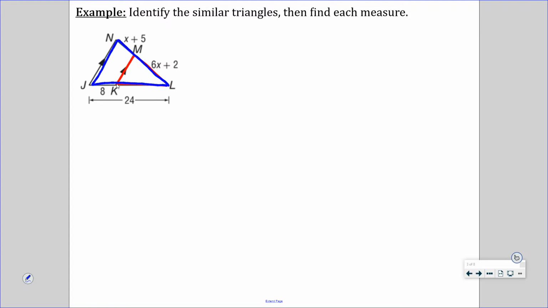For example, in my blue triangle, I know JL is 24 units long. Because these are parallel, I can find some congruent angles, and I can easily prove these are similar by angle similarity. First of all, a really easy one: what angle do both the triangles share that's going to be congruent to itself? L. Reflexive property. That's going to be congruent to itself, right?